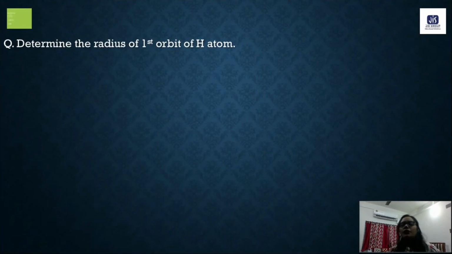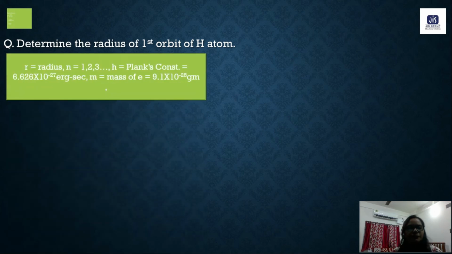Okay, now we will calculate the radius of the first orbit of the hydrogen atom. Already we have seen.